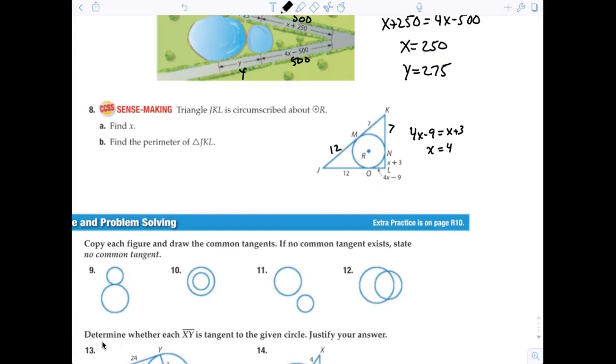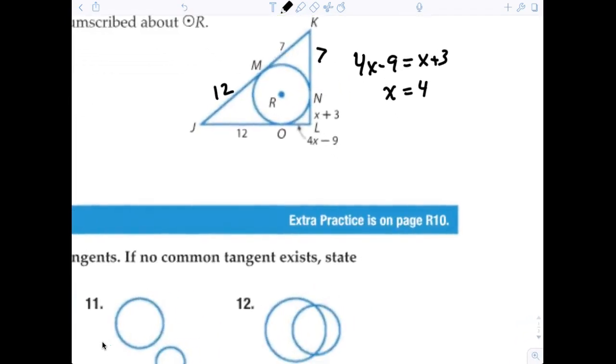I'm not sure what they're asking for here. But first of all, it says find x. So we have that. Then it says find the perimeter. If x is 4, that means that's 7 and that's 7. Now here, what I like to tell kids, instead of doing the perimeter, 12 plus 7 plus 7 is what? 26, right?